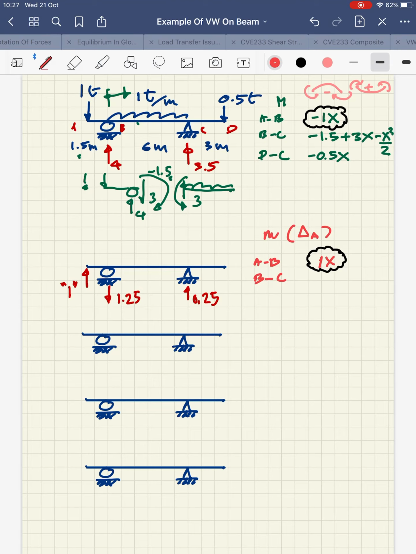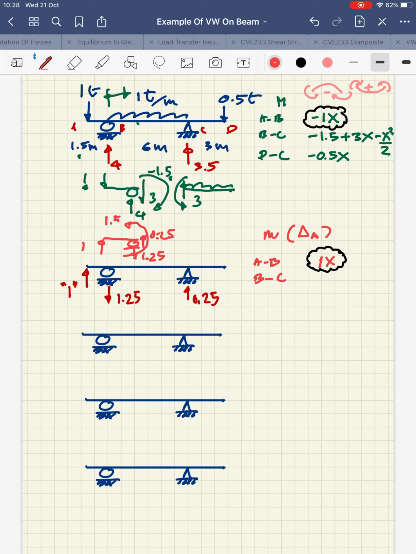Again, I can do the same by cutting the free body diagram. So I will have pretty much the same free body diagram, but this time with the 1 going up, 1.25 coming down, and I will have 0.25 here going up as well, and this time it is a positive moment, you see.